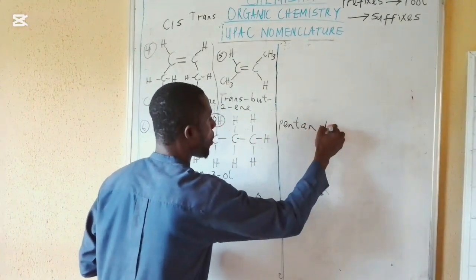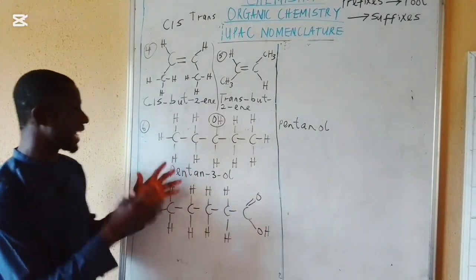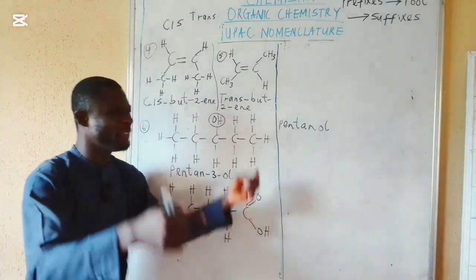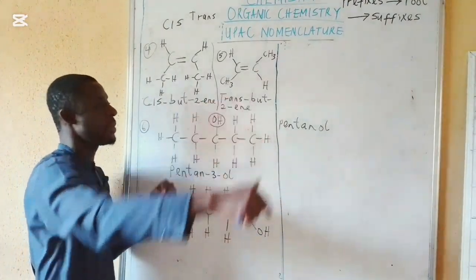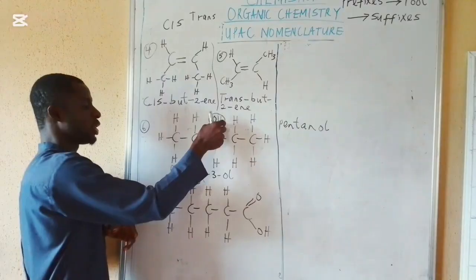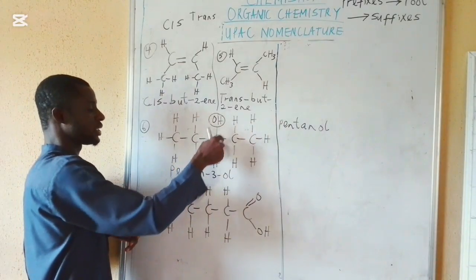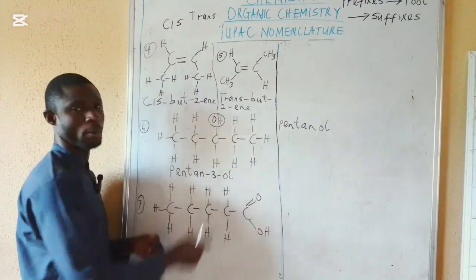We add our OL here. So to form an alkanol, we remove the E in the alkane and replace it with the suffix of the alkanol family. But we need to tell where the OH is in that alkane. That is on carbon number 3, and that's why it's pentan-3-ol.